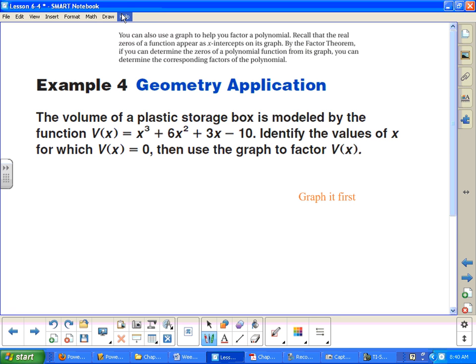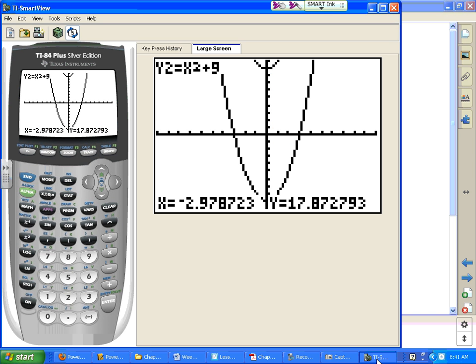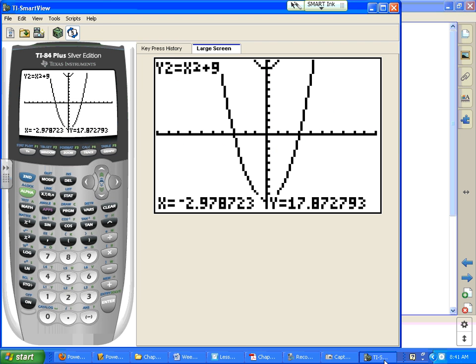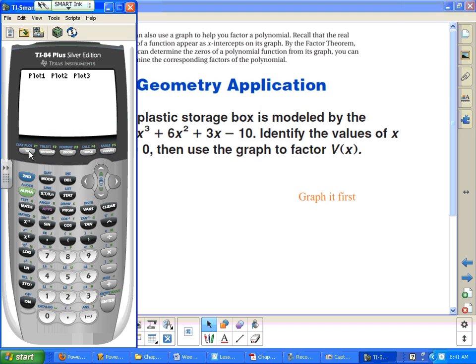So first, let's graph it and see what it looks like graphically. So we've got x cubed plus 6x squared plus 3x, oops, minus 10.